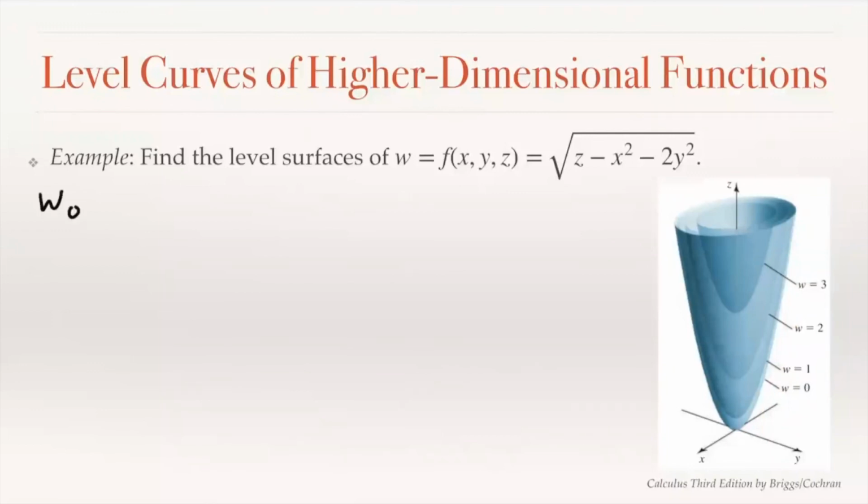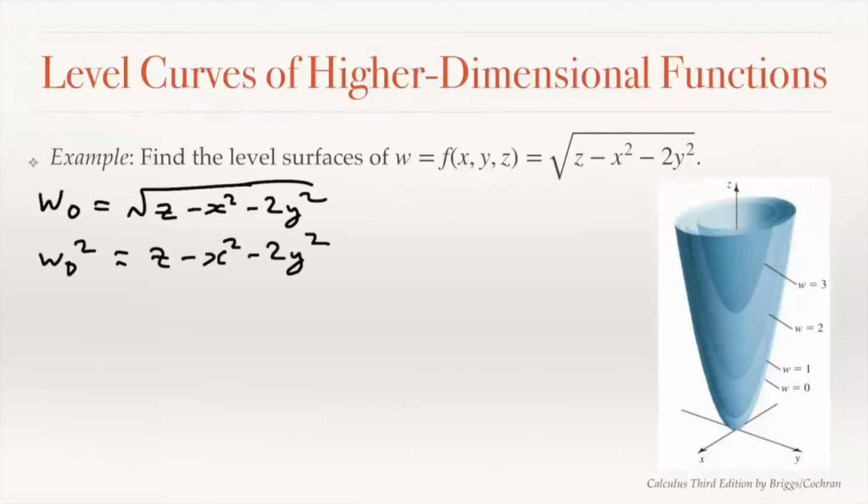So W naught is the square root of z minus x squared minus 2y squared. Thus, W naught squared is this. Okay, and you may recognize this as a paraboloid, and one can see that through rearranging. We have z equals x squared plus 2y squared plus W naught squared.